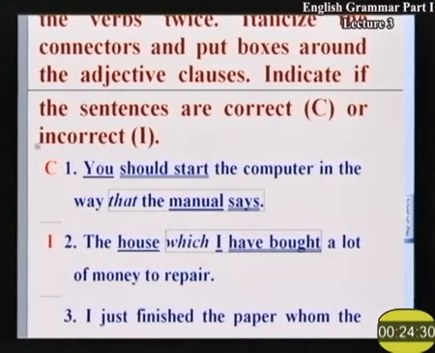طيب يبقى ادي اول فعل you should start is the verb. بعد كده that is a connector. احنا عارفين it's a connector.